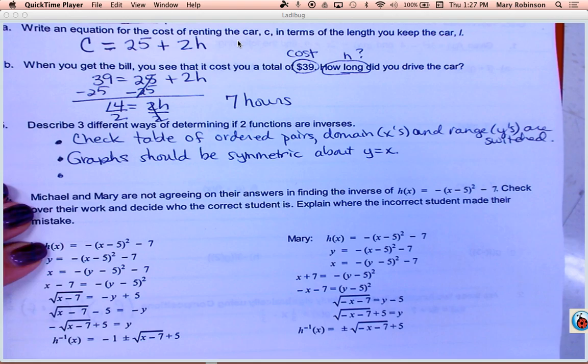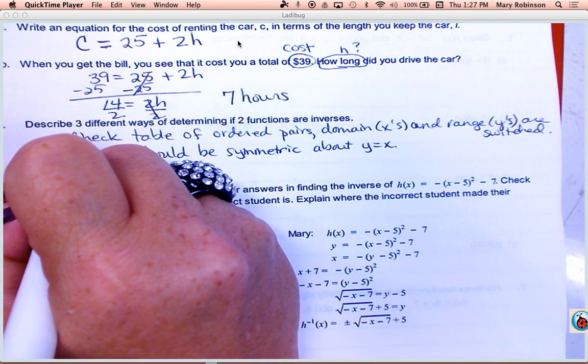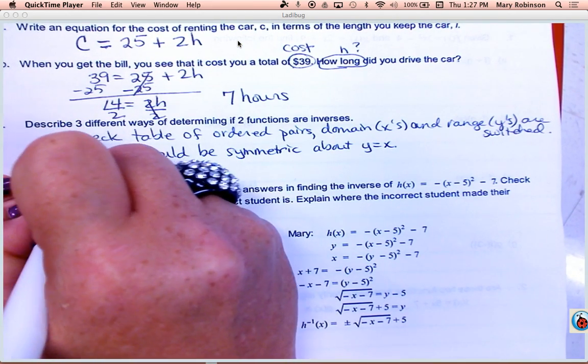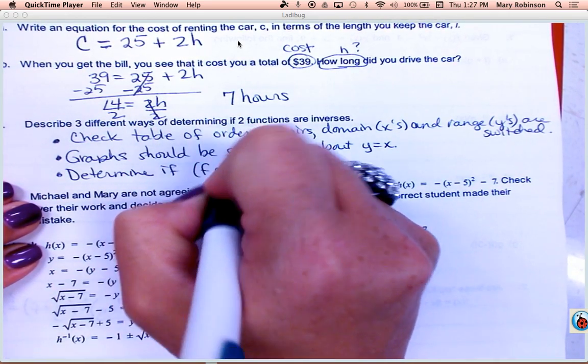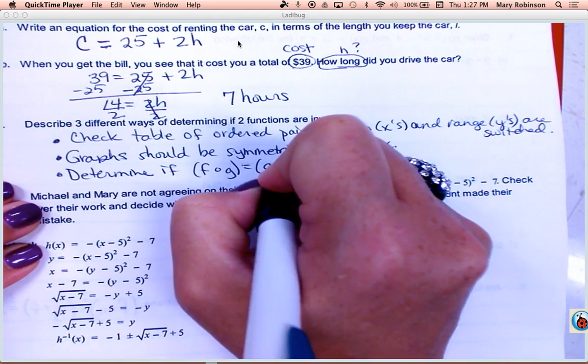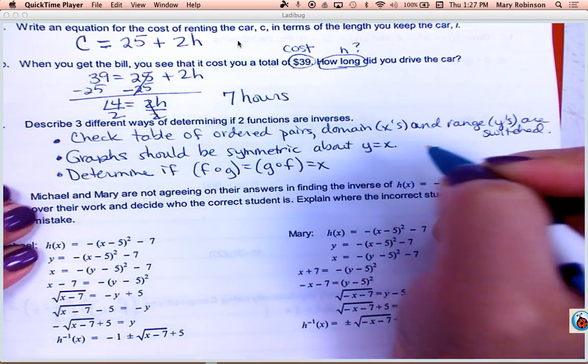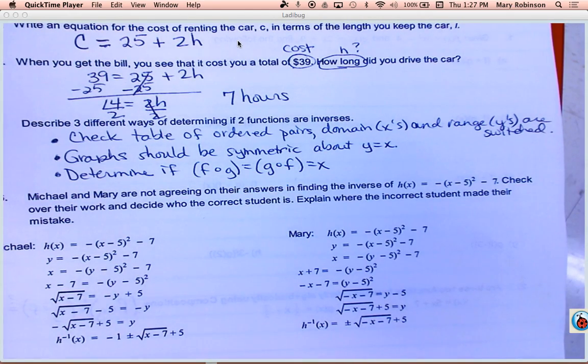And lastly is the algebraic method, which is to determine if f composed with g is equal to g composed with f, which equals x. And those are your 3 different ways to determine if 2 functions are inverse. In the last video, I'll do 6, 7, and 8.